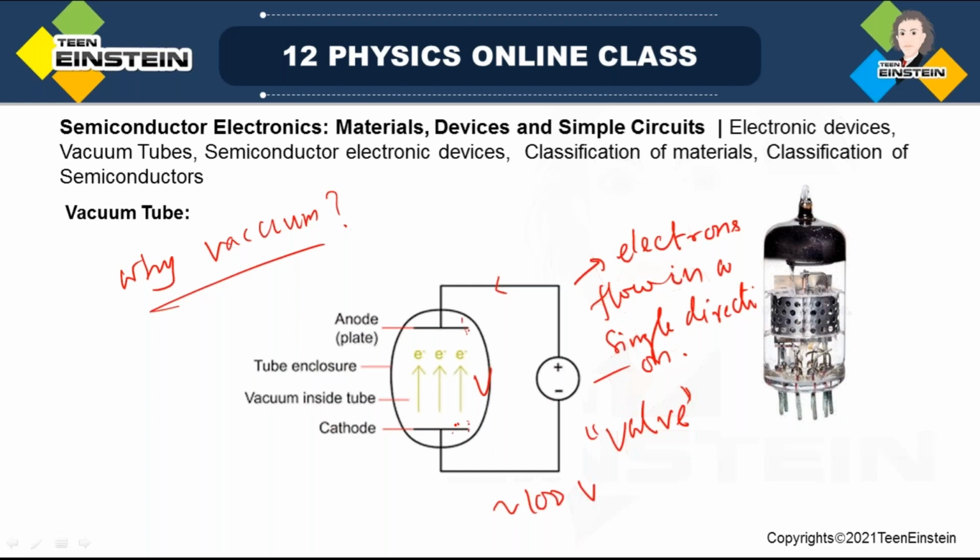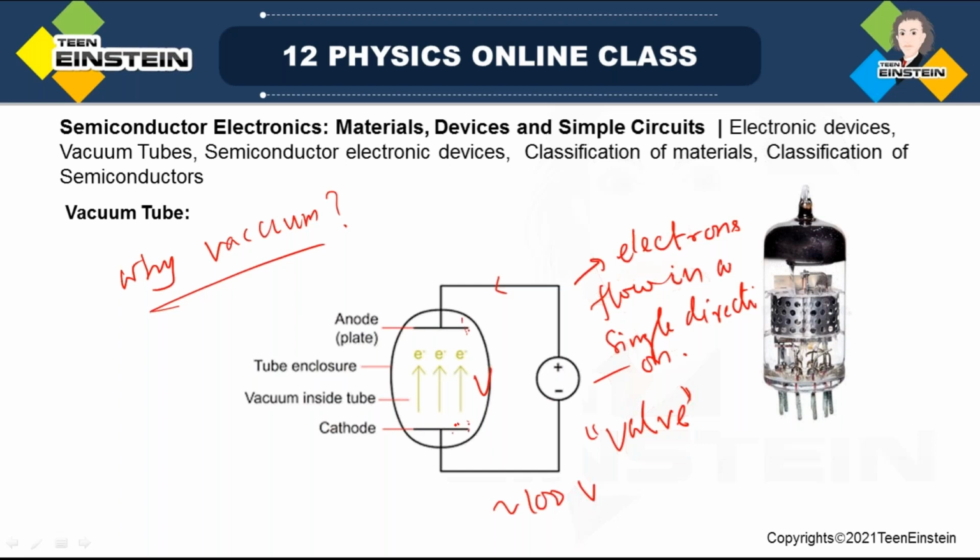So this is about vacuum tubes. What we have learned: electrons are generated from the cathode, then made to flow towards the anode and thereby through the circuit. Vacuum is necessary to avoid losing the energy of individual electrons by colliding with each other or with air molecules.